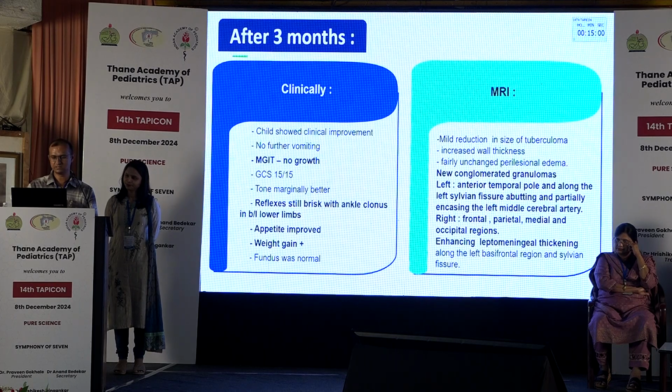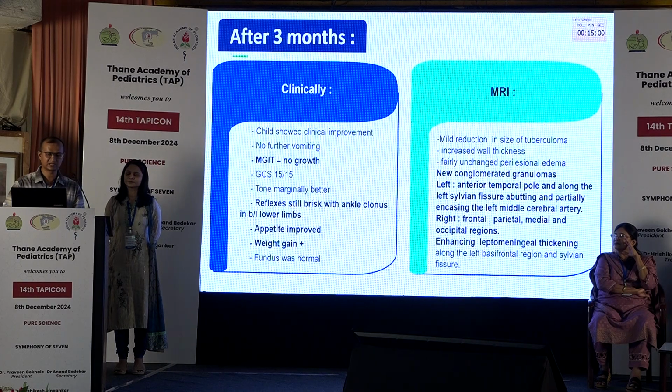On the right side, there were new granulomas in the frontal, parietal, medial and occipital regions, and there was enhancing leptomeningeal thickening along the basifrontal region and sylvian fissure. So at this moment, as there were new granulomas seen, what possibilities could there be?